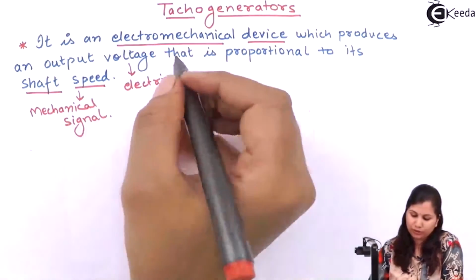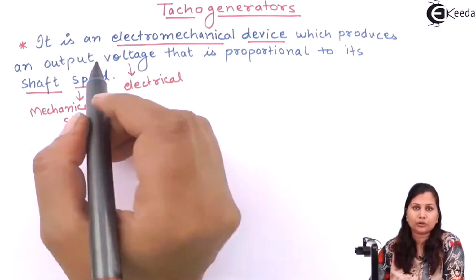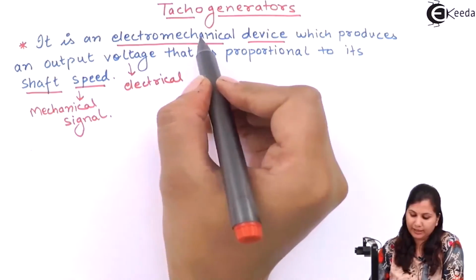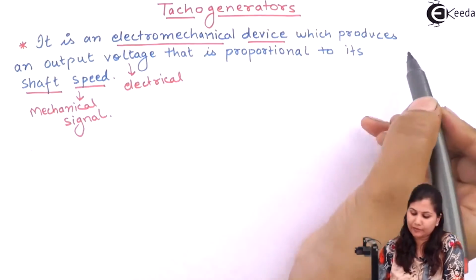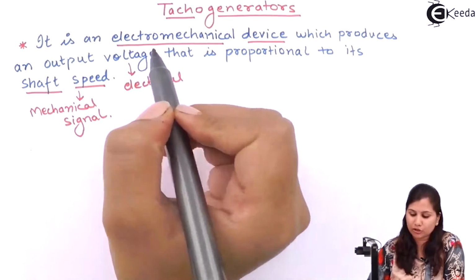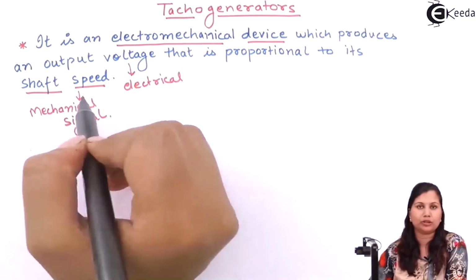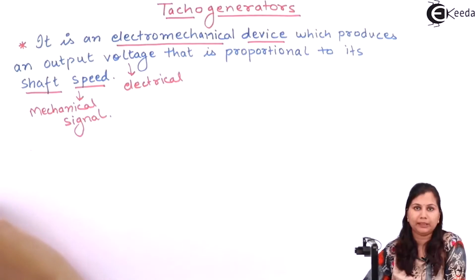Okay, so you have understood its definition, that it's an electromechanical device which is producing an output voltage, and the output voltage is proportional to the shaft speed.